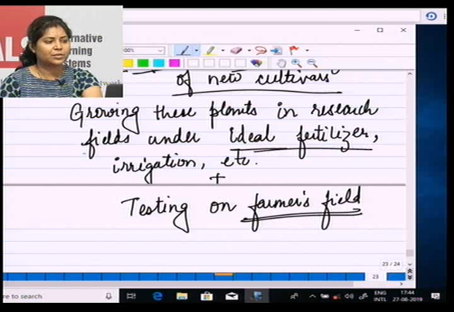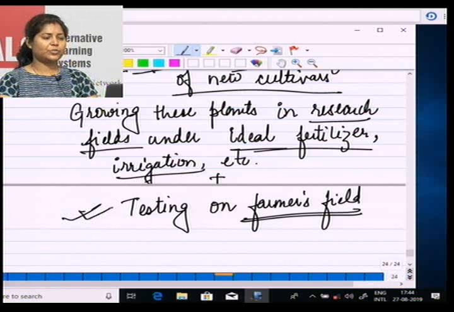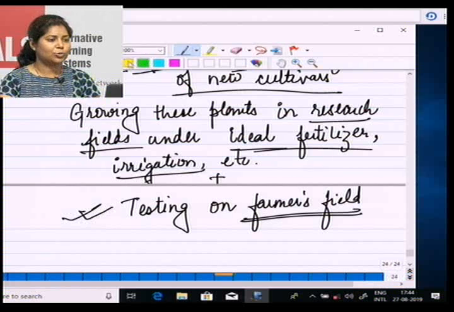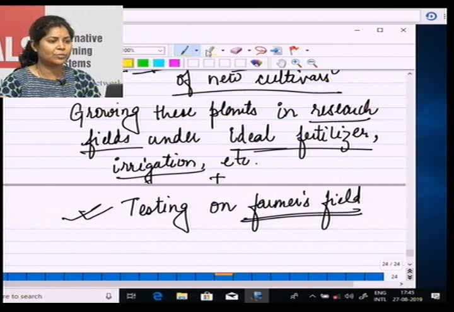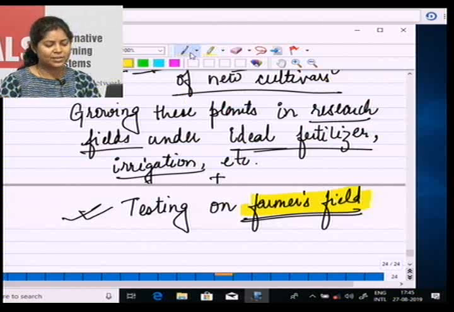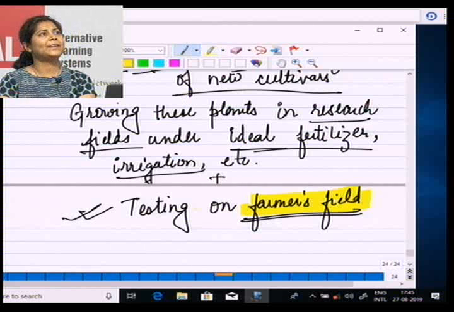So you are going to the research field, going to irrigate it, and then you are going to test it on the farmer's field. So now you are going to have an excess. This is the final product you will be getting.